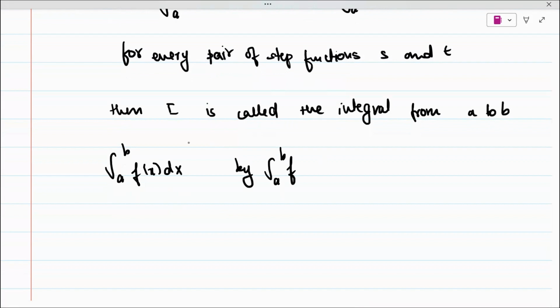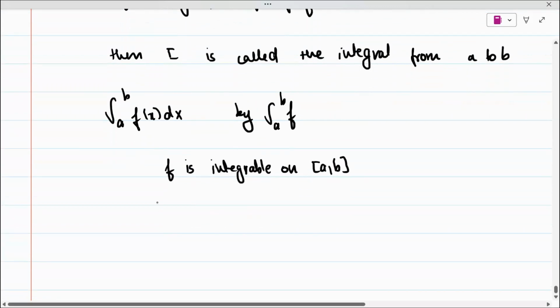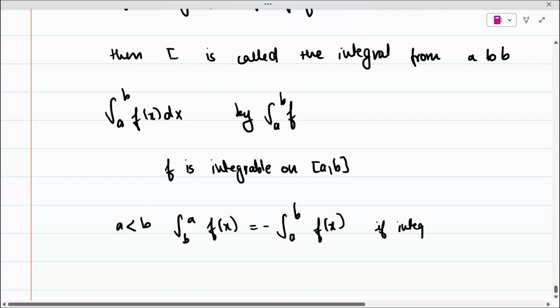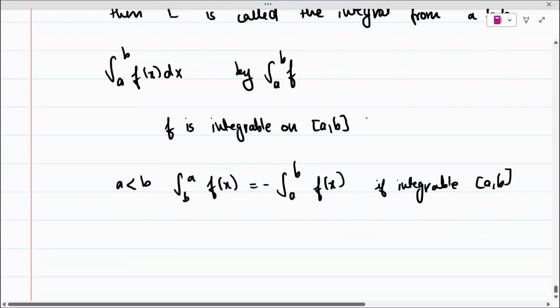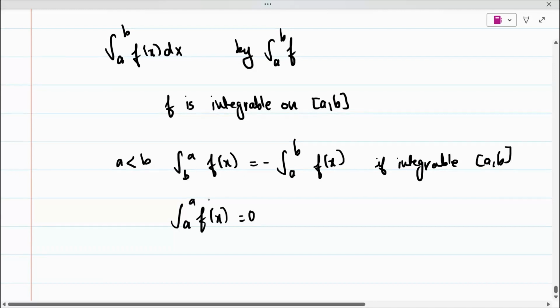And this integral has a few terms and concepts. If a is less than b, that is the integral. And we also know that when a equals b, the integral equals 0.